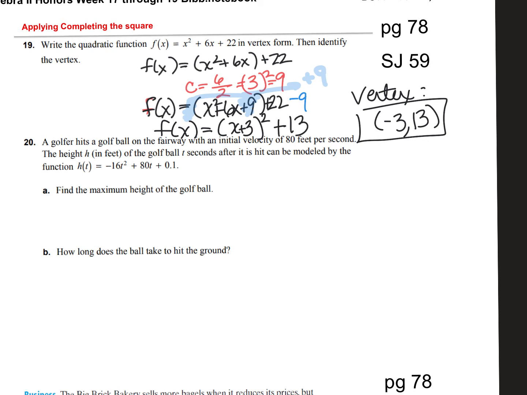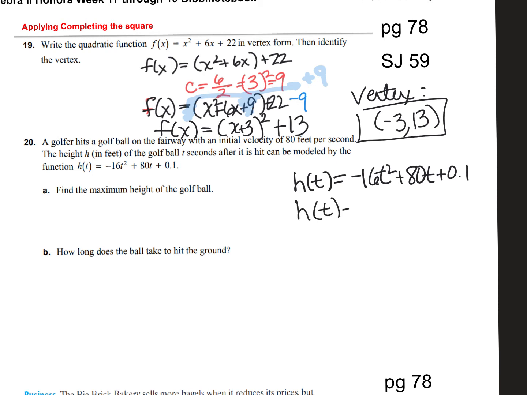But I want to practice the skill of writing a quadratic in vertex form, and then we'll have the vertex and the axis of symmetry so that we can answer this question. So over here on this side, I'm going to write h of t equals negative 16t squared plus 80t plus 0.1.